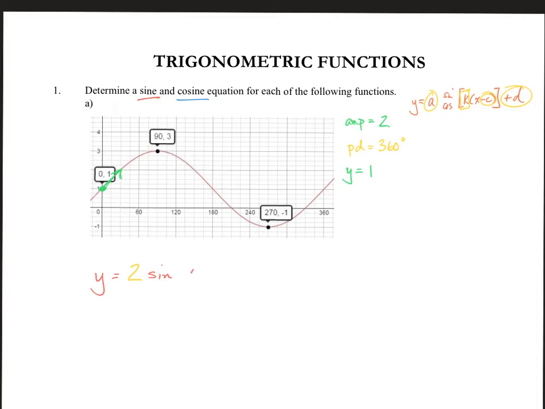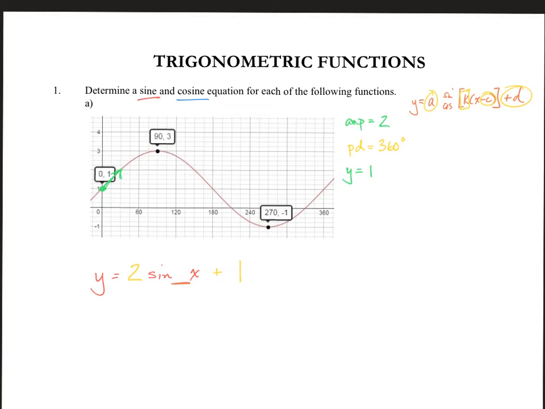So I'm going to keep that x in there, but I'm just going to have a little placeholder for my k value if there was any stretch. I do know very quickly that the middle of my graph has been shifted from 0 up to 1, so I must have a vertical shift of 1.